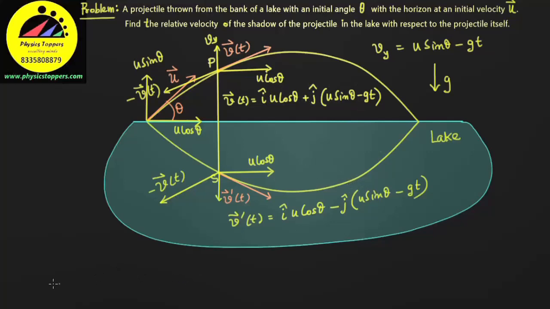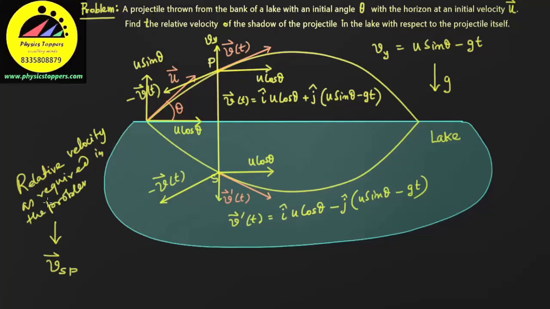So let me find the relative velocity. The relative velocity of the shadow with respect to this projectile, as required in the problem, is basically the sum of these two, that is minus vt plus v prime of t.